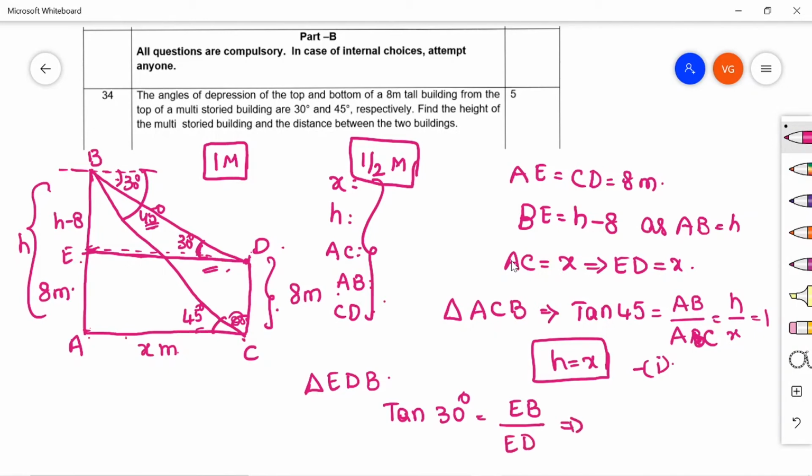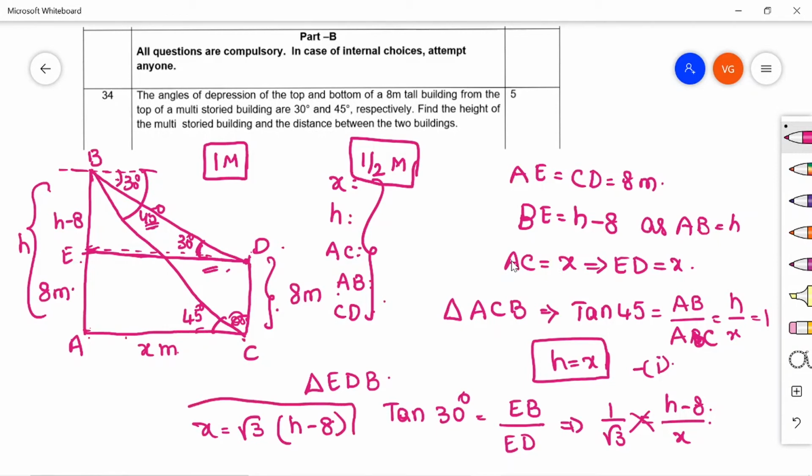So that is tan 30 is 1 by root 3 is equal to EB, which is h minus 8, divided by ED, which is x. So from here, just take cross multiplication. I'll get x is equal to root 3 into h minus 8. So now I got my equation number 2.